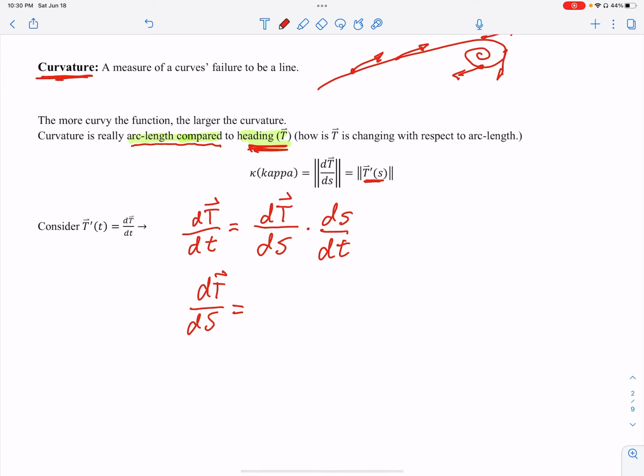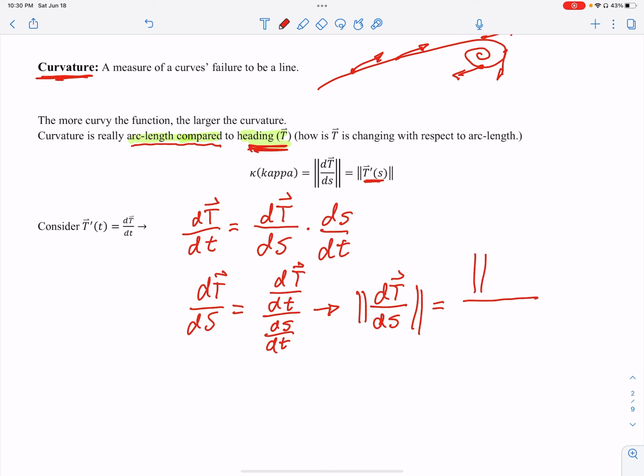If I do that, I get dT/dt divided by ds/dt. I take the magnitude of all three sides. Remember, we're trying to find a cleaner formula. That's where we're headed, maybe something that doesn't require arc length. So I'm just taking the magnitude of everything.